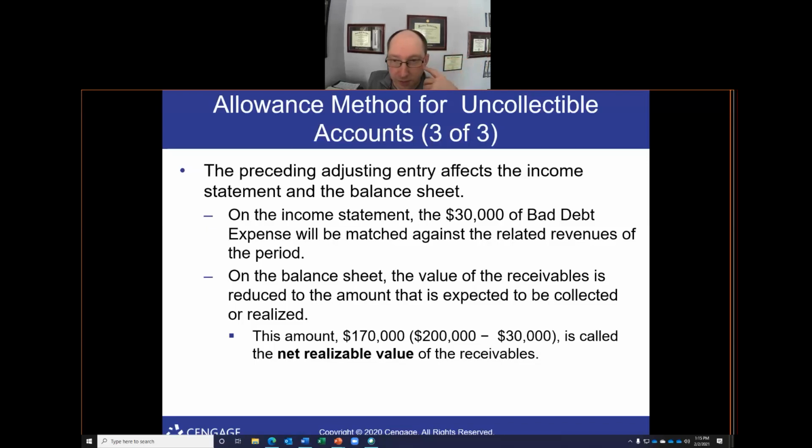And there's a bunch of different ways to do that. In this example, we simply factored $30,000. In most cases, we typically take the total amount of accounts receivable and we multiply that by a percentage. Earlier I said in most cases our company cannot collect 3% of all of the accounts, right?